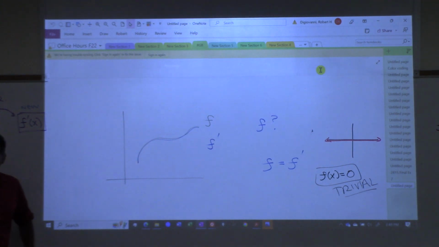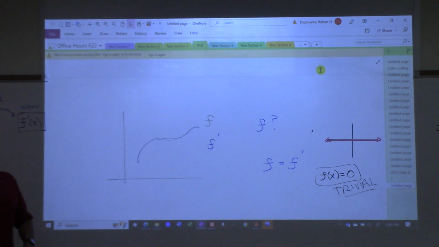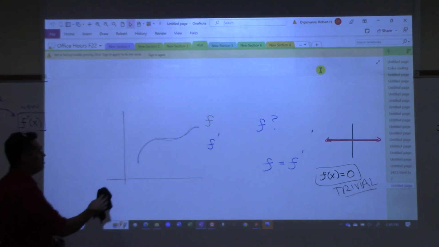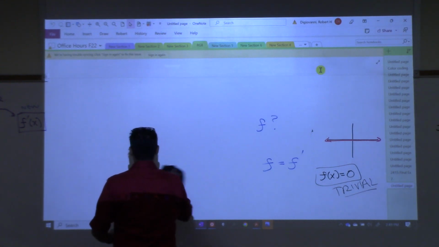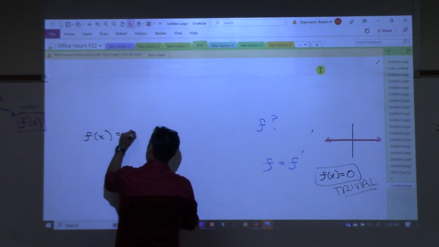And we went looking, and we finally found it. Does anyone know what it is? Yes? e to the power of x. e to the x. It's what you studied in college algebra. It's that function f of x equals e to the x.